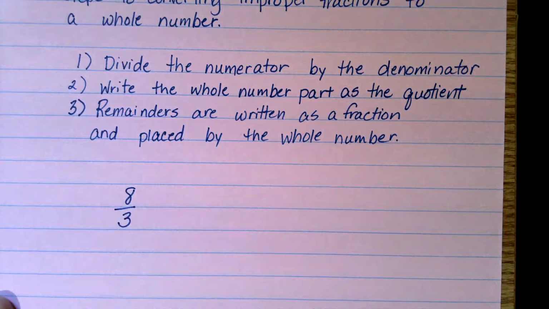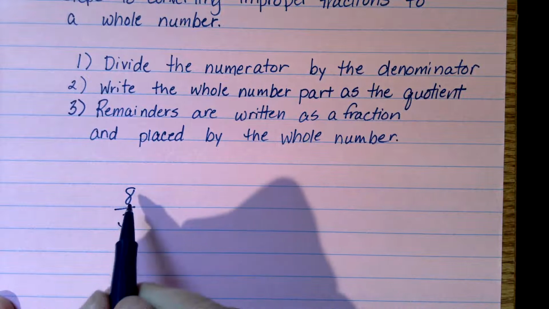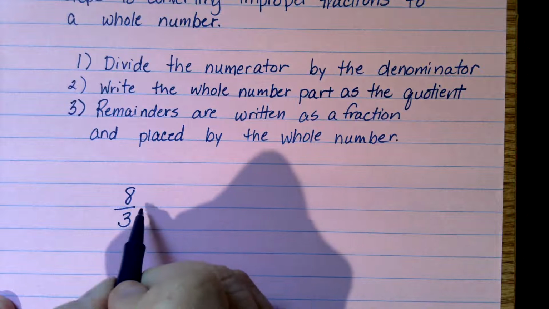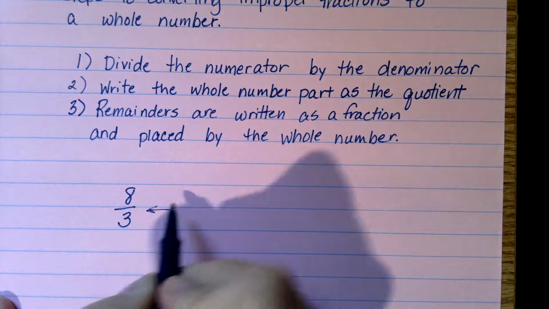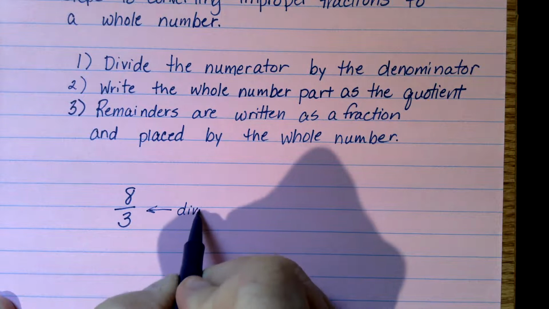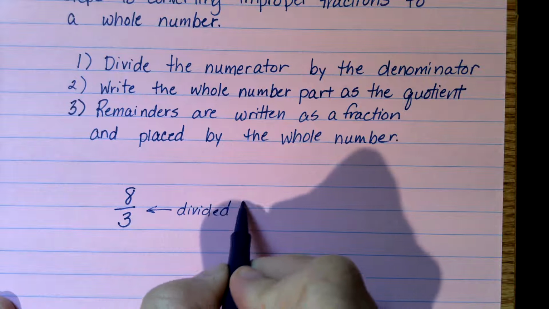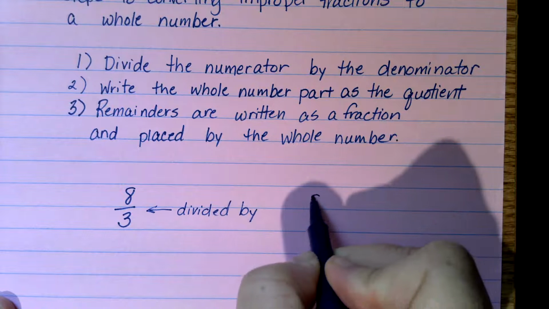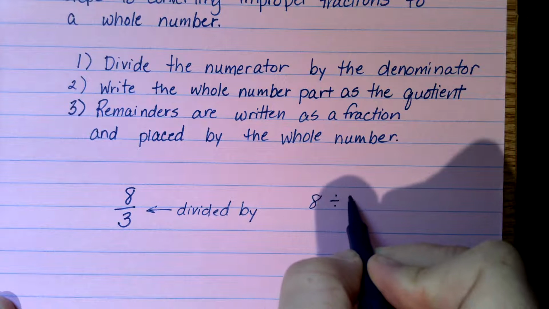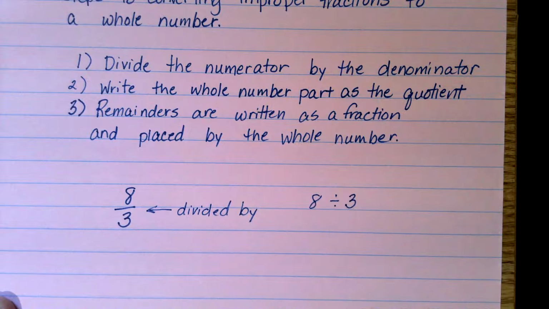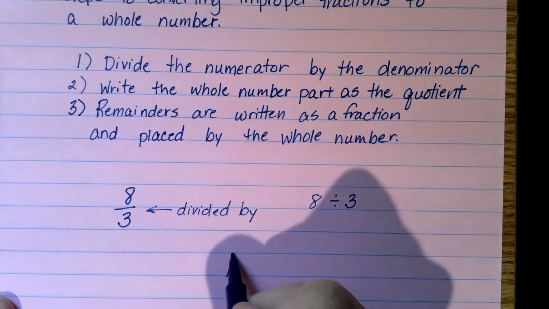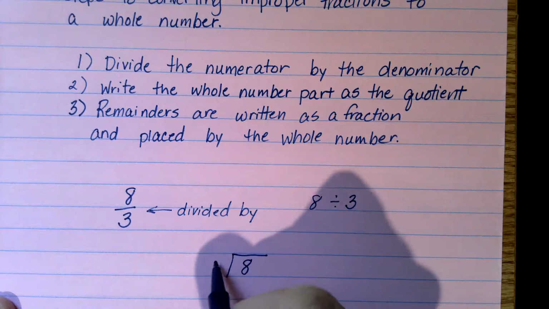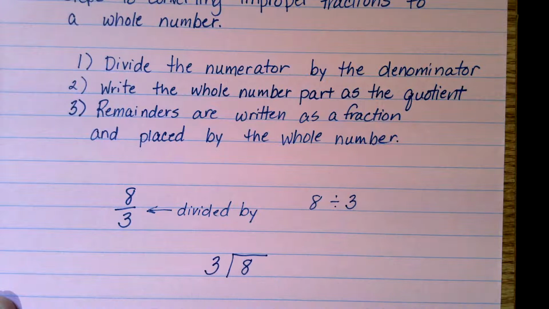We're actually going to convert this into a division problem. This bar means divided by. So we're going to put 8 divided by 3.